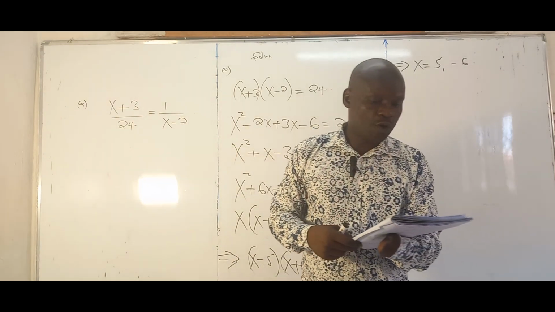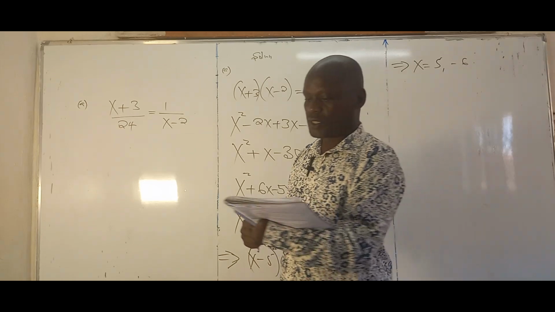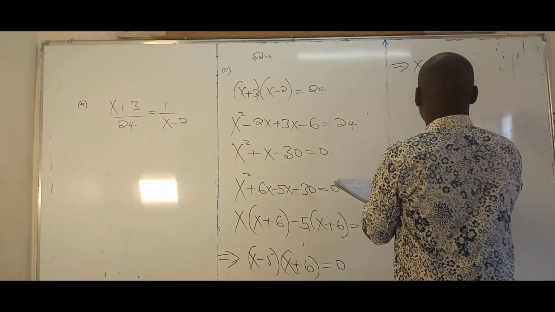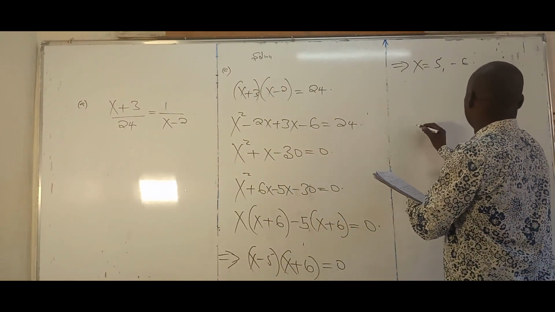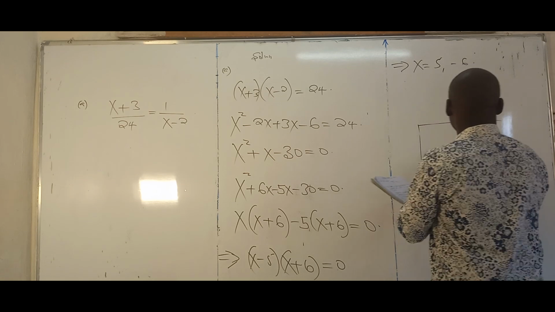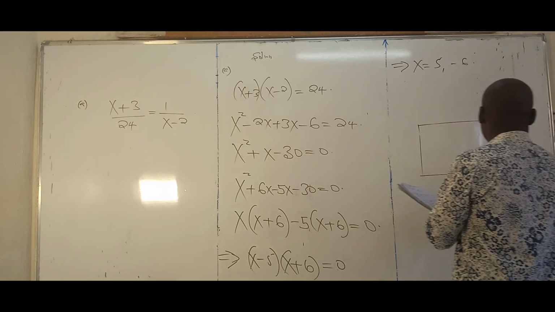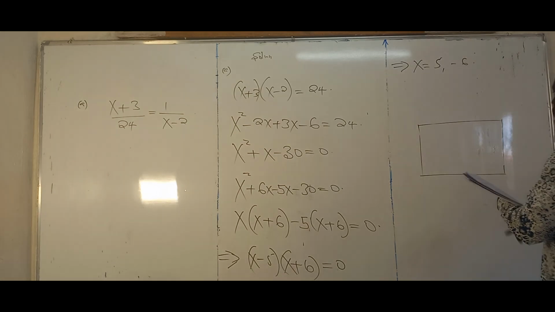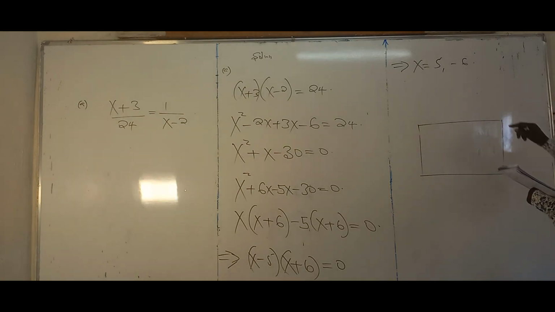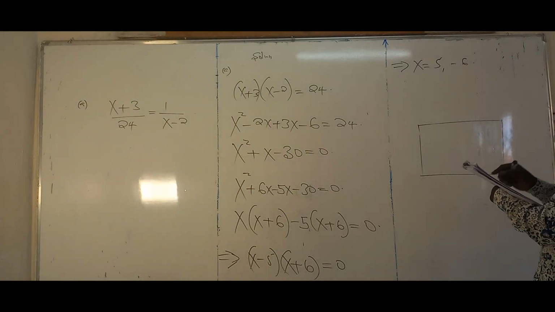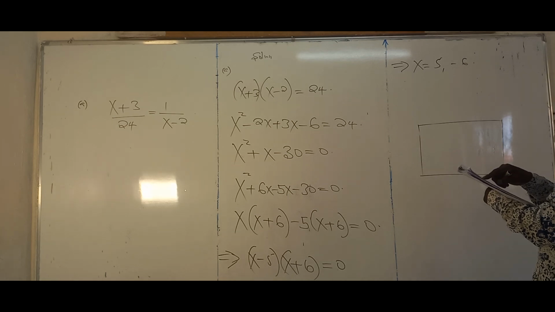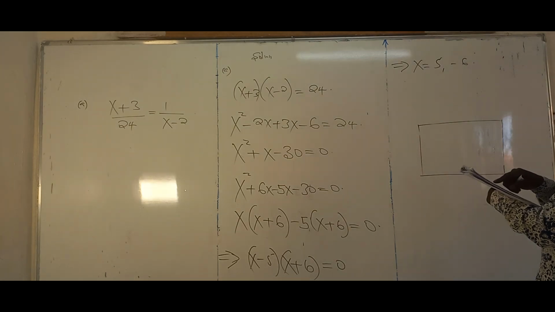The length of a floor of a rectangular hall is 9 meters more than its width.